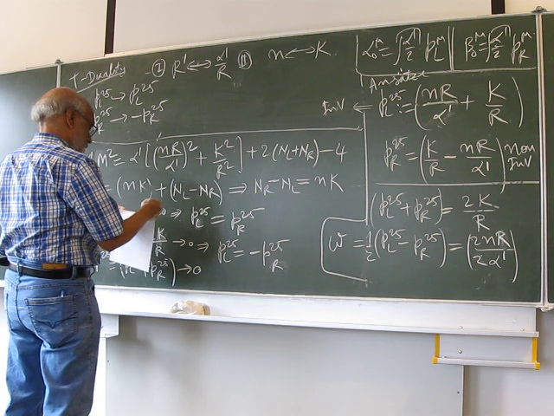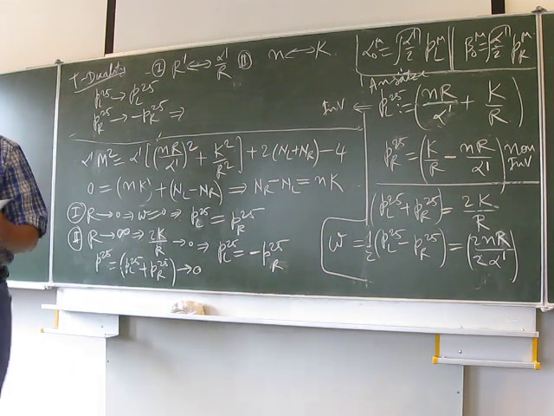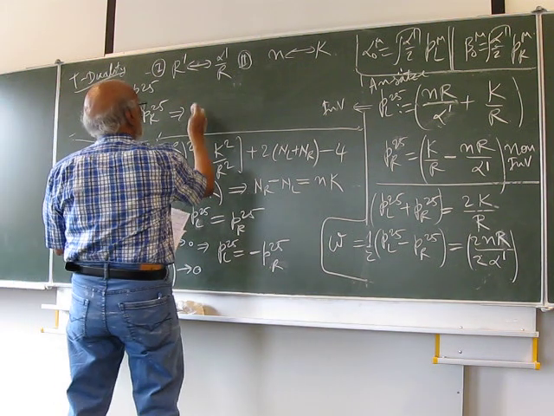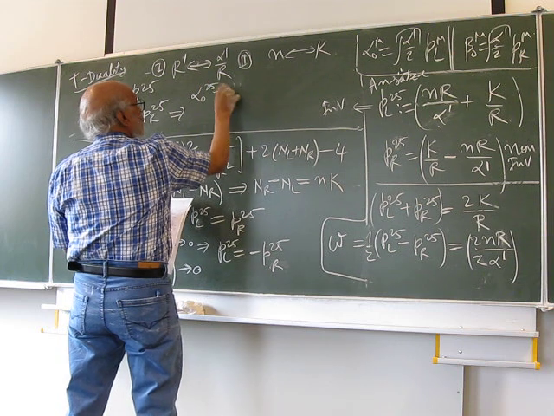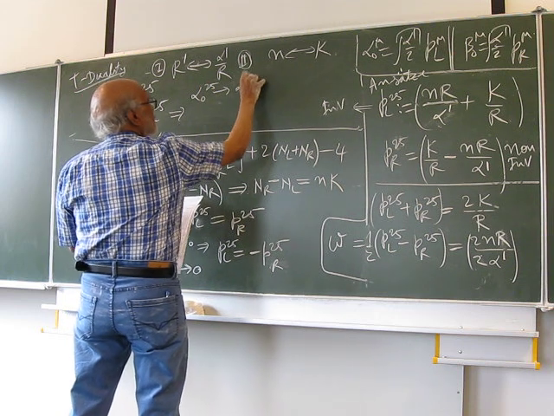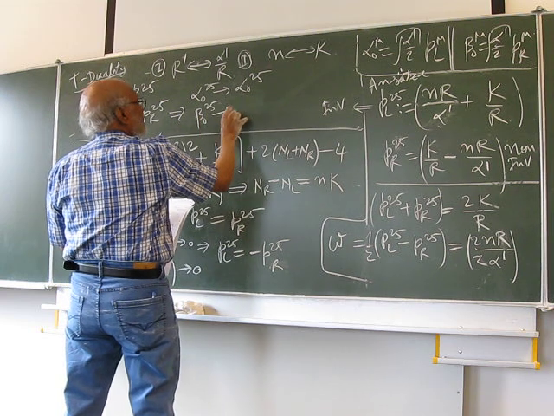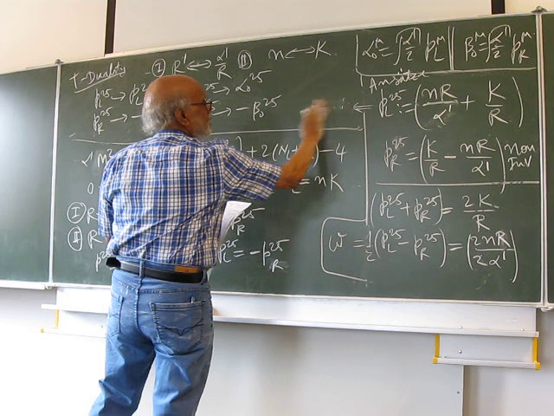And this would mean alpha 0 25 remains alpha 0 25, but beta 0 25 becomes minus beta 0 25.